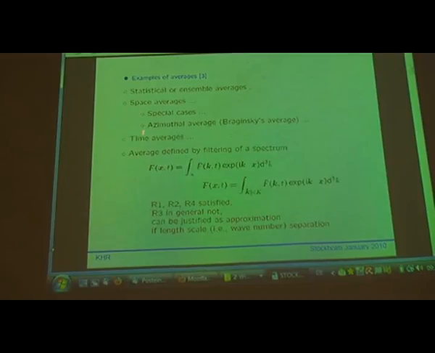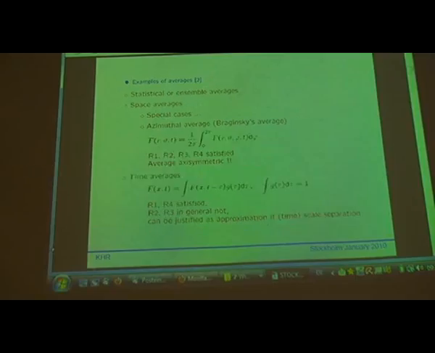There are still other possibilities. For example, in Baginski's theory of the almost symmetric dynamo, he used the azimuthal average.